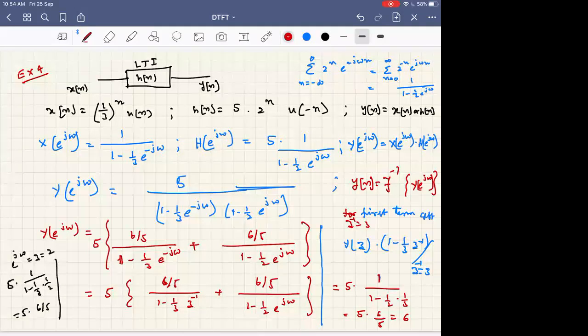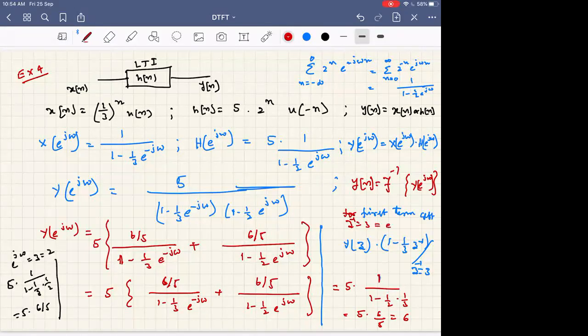Okay, so now what is this? Same. I will skip writing z here, but for these simple substitutions we are using z equal to e power j omega.